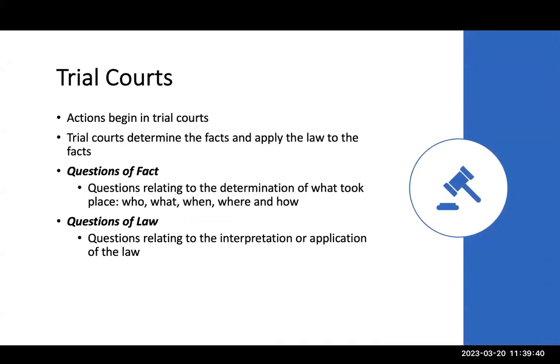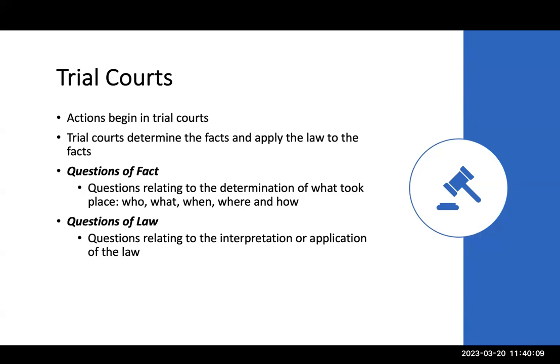Cases in our American judicial system begin in trial courts, and it's pretty much all cases. At the trial court level, the judges and juries are charged with determining what facts are true and what facts are false, and it's up to the court to apply the law to the facts.